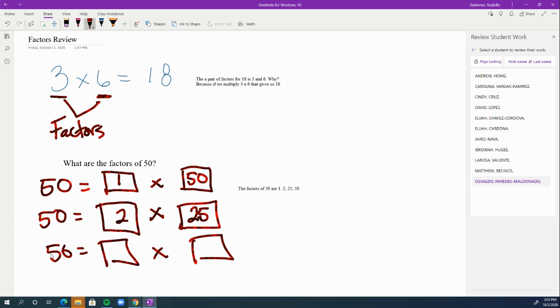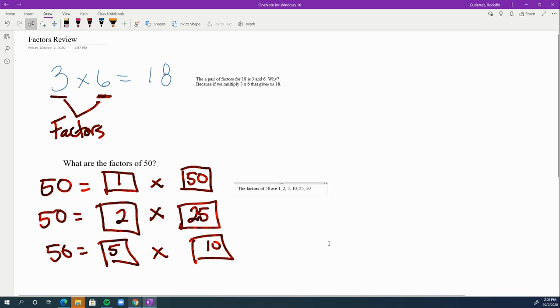The answer is yes. It's 5 times 10. So here we see that 50 actually has a total of 6 factors: 1, 2, 5, 10, 25, and 50. So that is how we find factors of numbers.